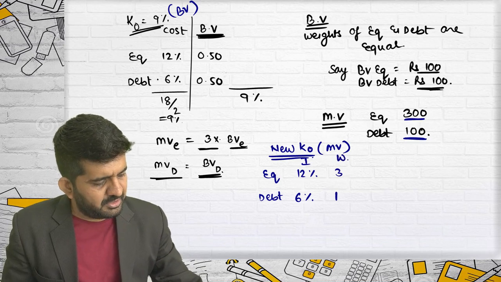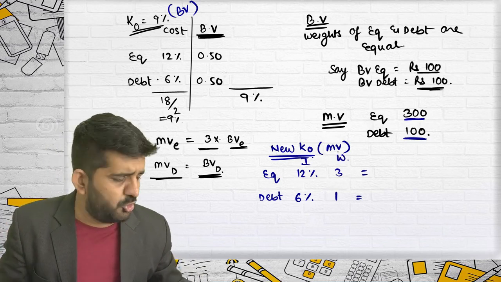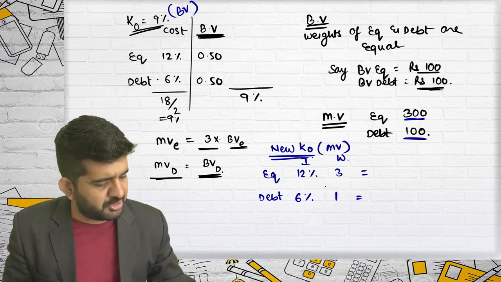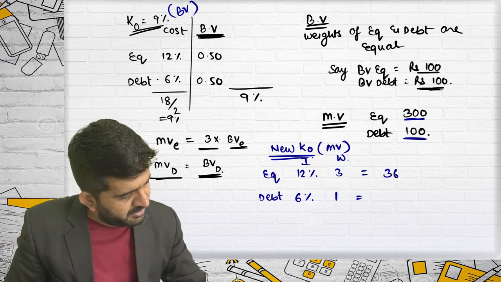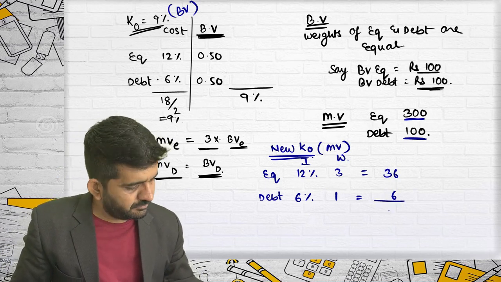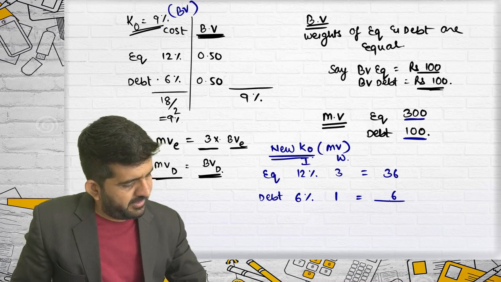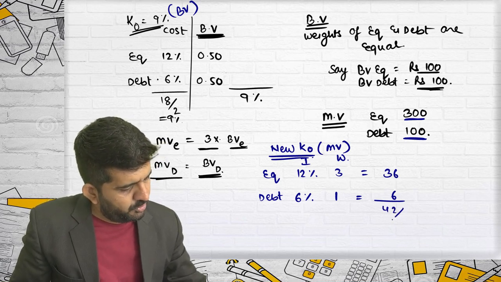This is I, this is W. Sir, should I not find out proportion? It is absolutely alright. It is weight. Ultimately, at last, it is going to remain same. That is 36, plus 6, 42, divided by 4.